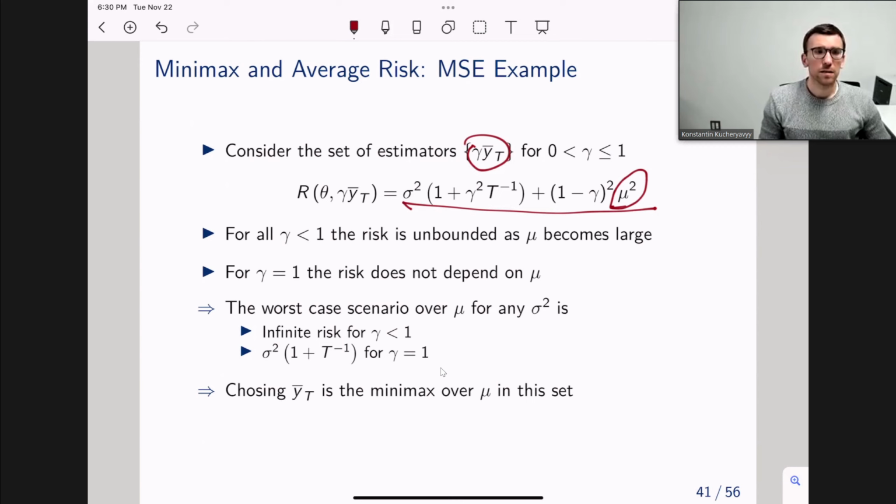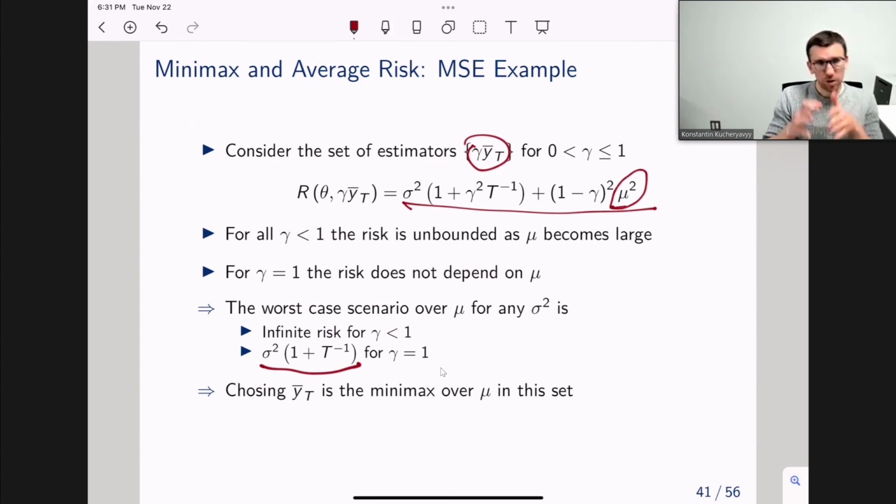But if mu is super large, then for gamma equal to 1, the risk doesn't depend on mu. So in that case, the worst case scenario over the whole range of mu's, if we choose gamma equal to 1, would be this, while if we choose gamma less than 1, then the worst case scenario will be infinite.